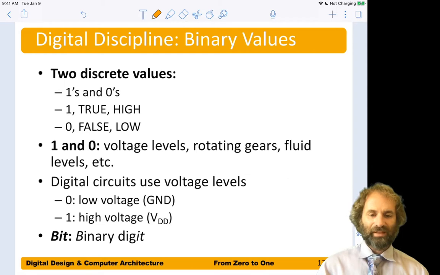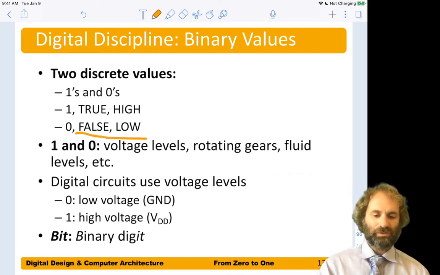So that lets us build digital systems very easily. We'll call our 2 discrete values 0 and 1. A 0 might mean false, or a low voltage. A 1 could mean true, or a high voltage. And these could be represented with all sorts of different physical quantities, but voltage is what we'll typically use.